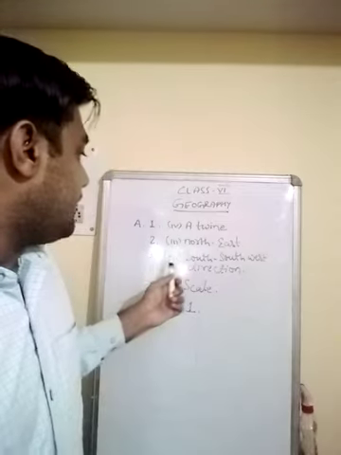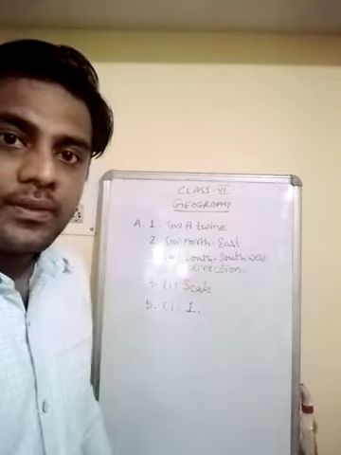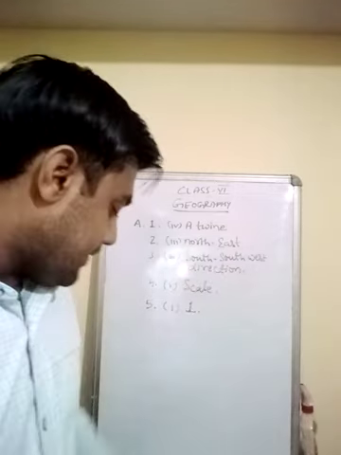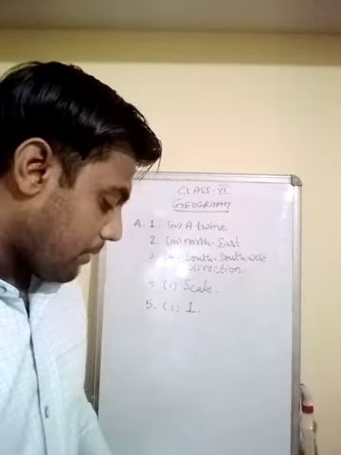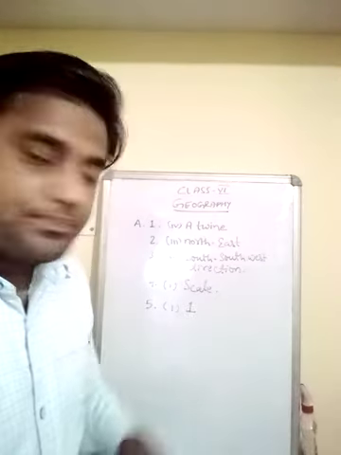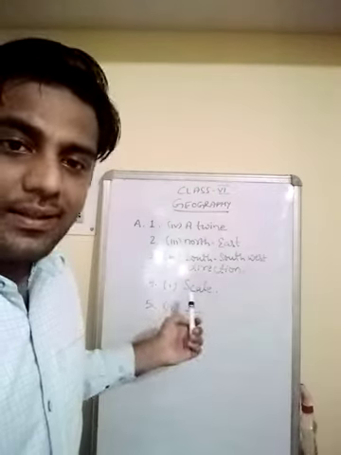Your answer is option 3, south southwest direction. Number 4, this is the ratio of the distance between two places on a map to the actual distance between the same two places on the ground. And your answer is option number 1, scale.